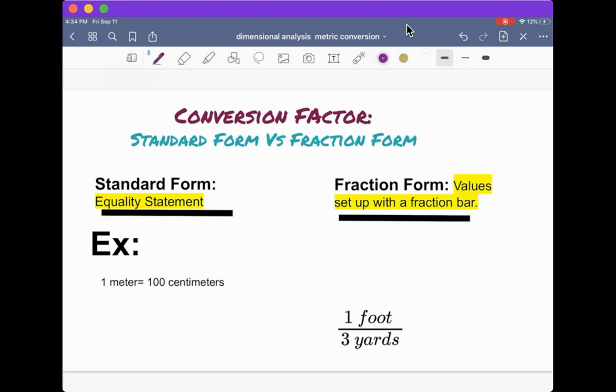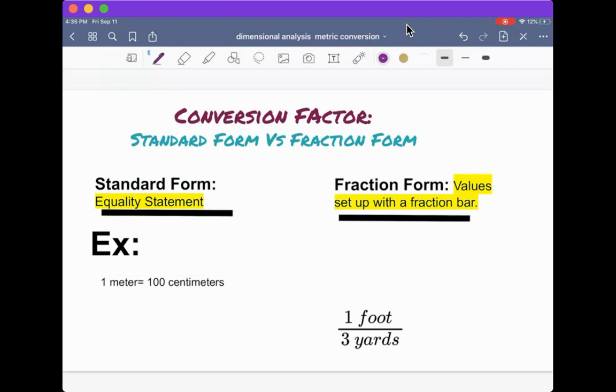The fractional form is when you set up your values from the equality into either the numerator or the denominator. Now, I'm going to write them both ways, but you're going to see later on when we start setting up the problem that only one of the fraction forms is going to actually work to be able to cancel out your units.